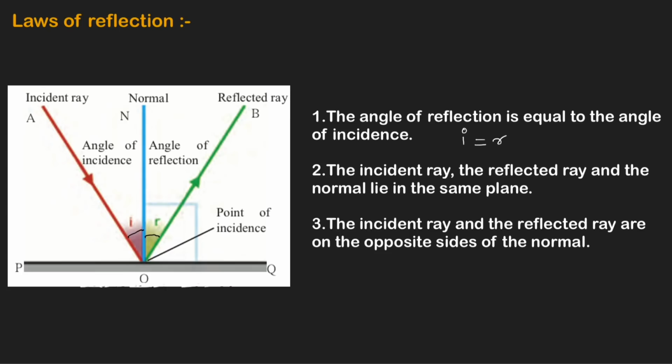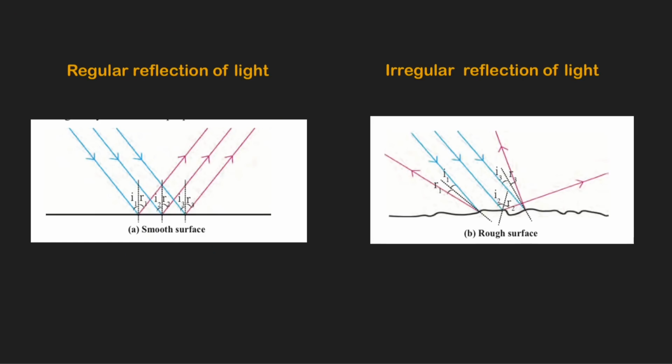On the basis of the laws of reflection, you also studied regular reflection of light and irregular reflection of light. In regular reflection, when light is incident on a plane or smooth surface and then reflected, we say that it is regular reflection of light.